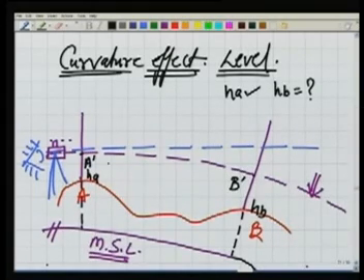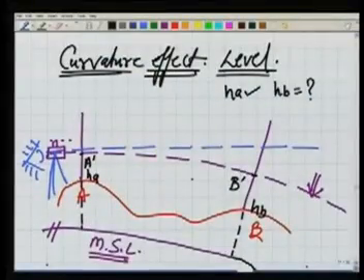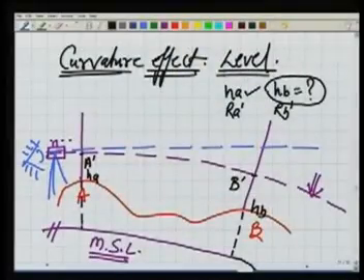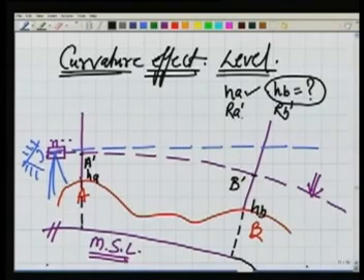So I should take my observations in my staff at A dash and at B dash, and these observations will be R A dash and R B dash. So if this is my measuring surface, if I have taken these observations, now I can easily find the value of HB by taking these observations R A dash and R B dash. But am I taking R B dash or R A dash?